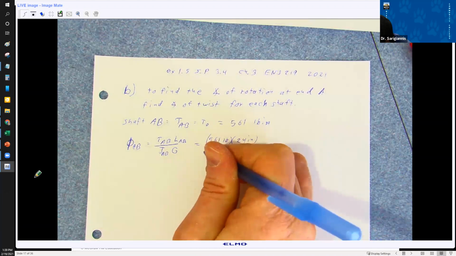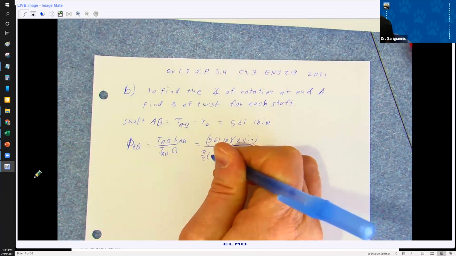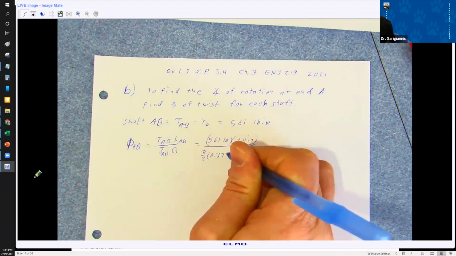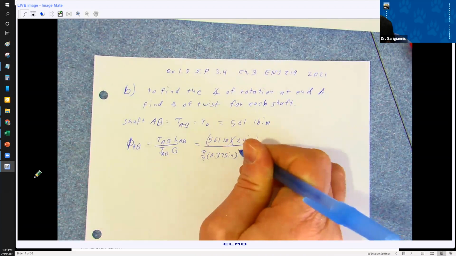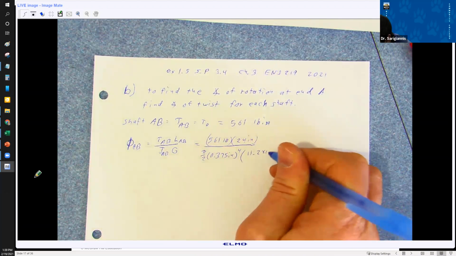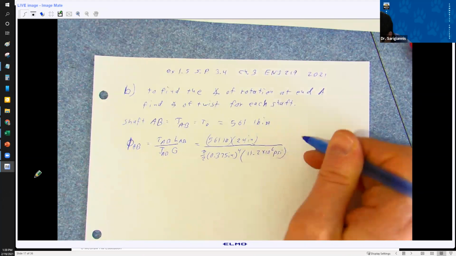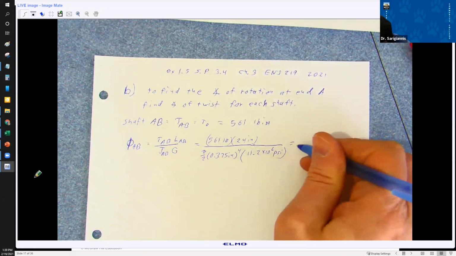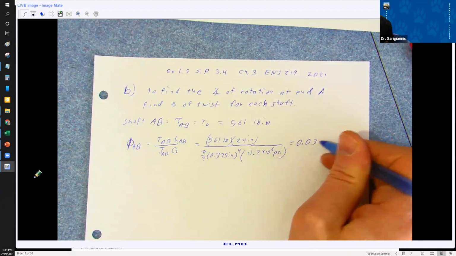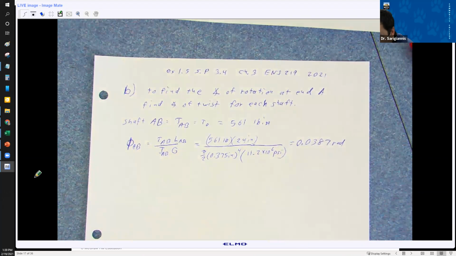The polar moment is going to be, unfortunately, I didn't actually calculate a number before, so let me just write it in: 0.375 inch to the 4th. And then we've got 11.2 times 10 to the 6th psi. This gives us 0.0387 radians. Now, we're not done here.